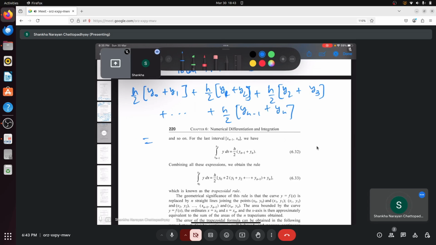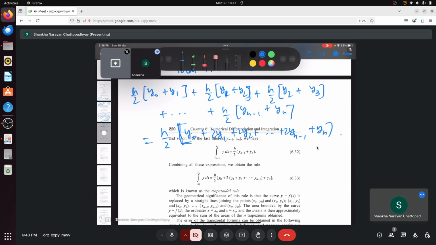Now this will give you h by 2 [y0 plus 2y1 plus 2y2 plus and so on 2y(n minus 1) plus yn].